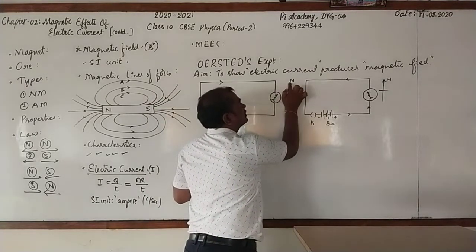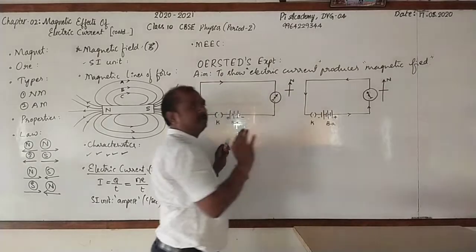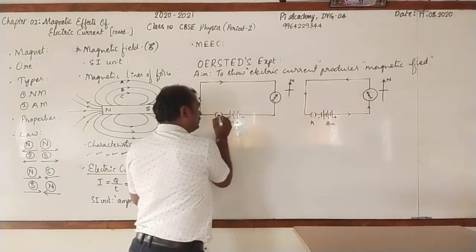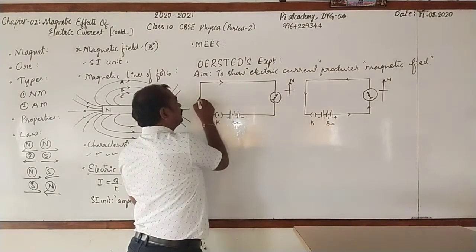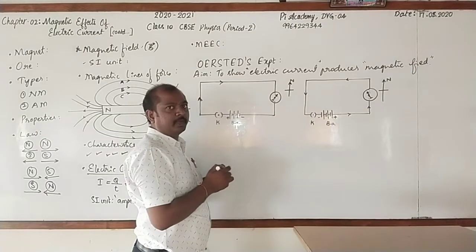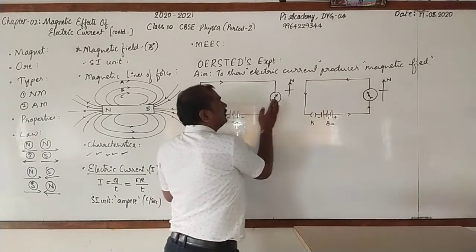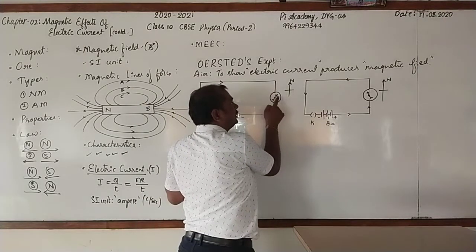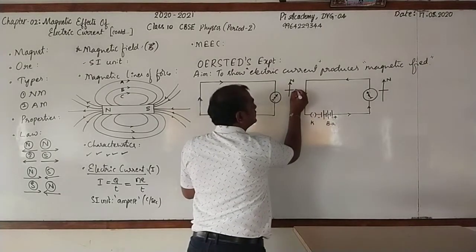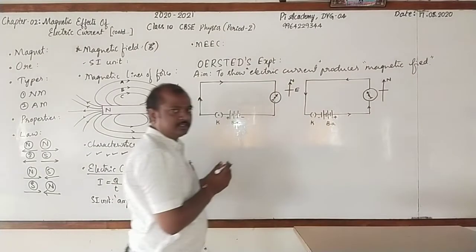This is facing towards the north, and this is the north pole of the magnetic needle. Here, when you switch on, the current starts flowing from positive terminal to negative terminal of the battery. Then here, the north pole of the magnetic needle deflects towards east, right?